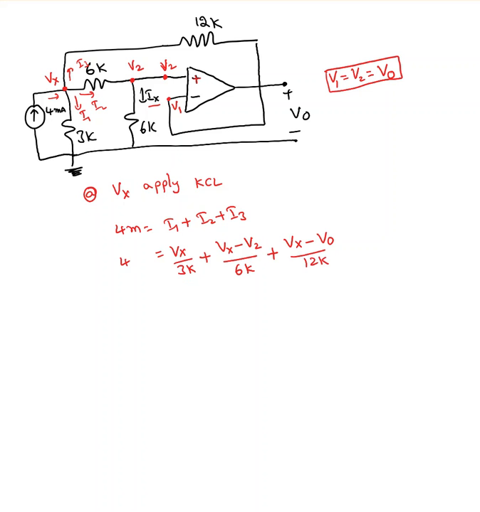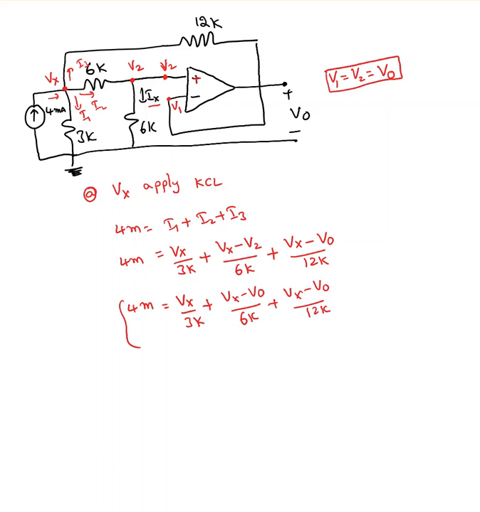So this is 4 milliampere, and as I mentioned, I know V2 equal to V naught, so I'm going to replace that V2 with V naught, and 4 milliampere equal to Vx over 3k plus Vx minus V naught over 6k plus Vx minus V naught over 12k.